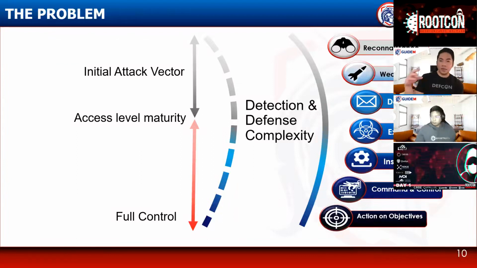So from the recon initial vector, that's mostly what SOC professionals are focusing on. But going into the deep side of the attack vector, like the post-compromise thing, command and control is second to the last of the kill chain, which is technically like a full control of your enterprise.